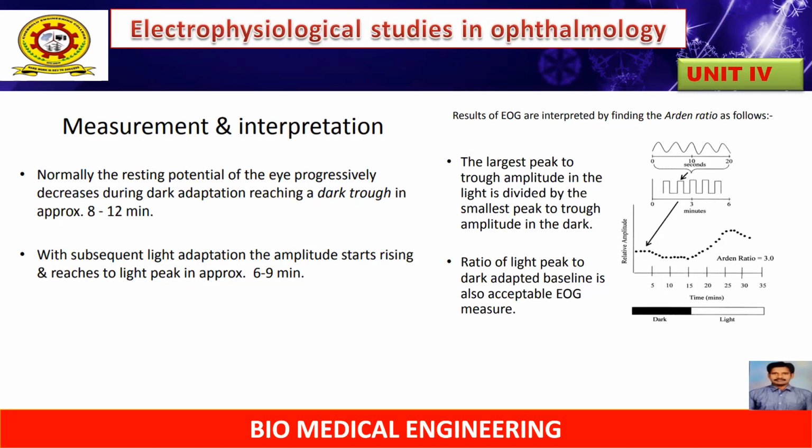And the dark trough, I already mentioned, is normally the resting potential of the eye. You are familiar with these potentials from unit number 2: action potential, resting potentials. During dark adaptation, that is called the dark trough, and it is maintained for approximately 8 to 12 minutes.